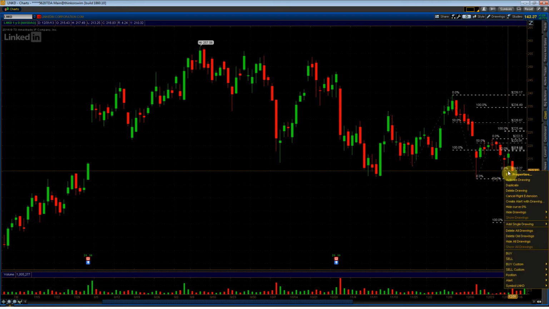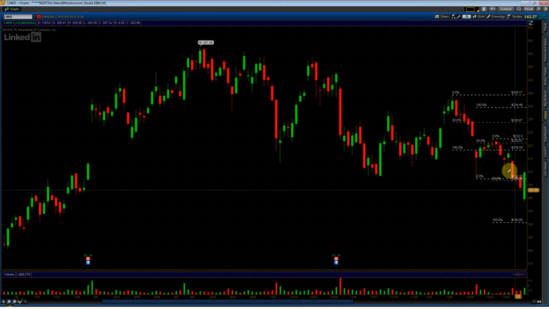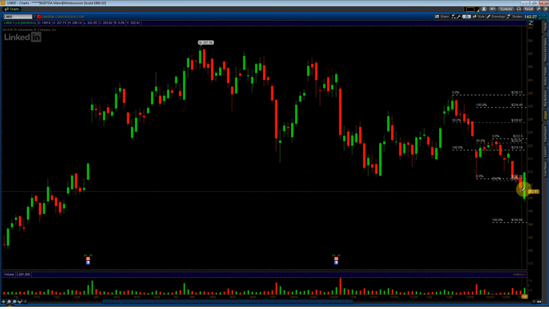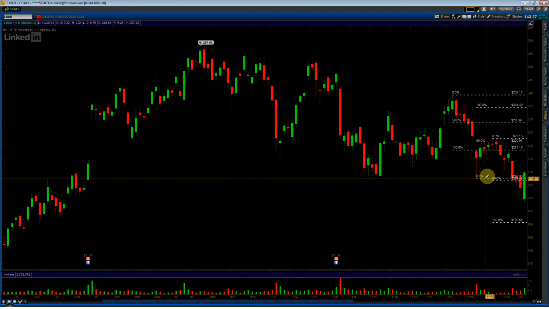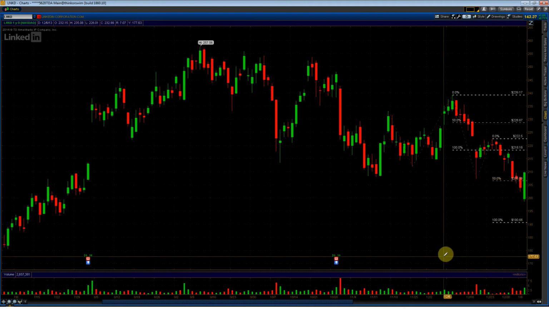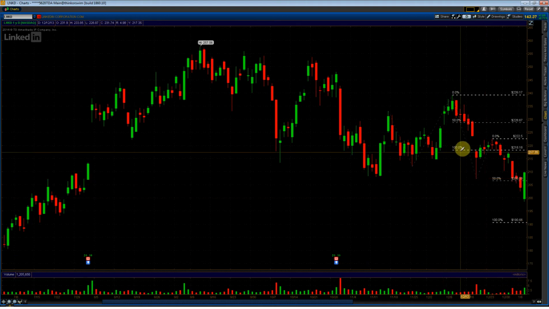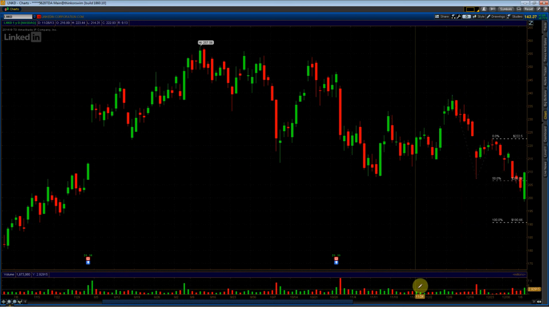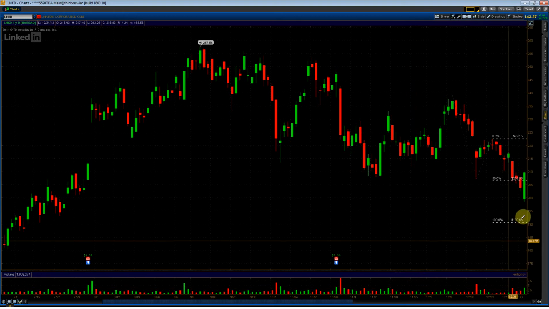We already unvalidated this set of Fibonacci's because we dropped below the zero line. This set of Fibonacci's is gone with the wind, and we're still currently trading on this set.